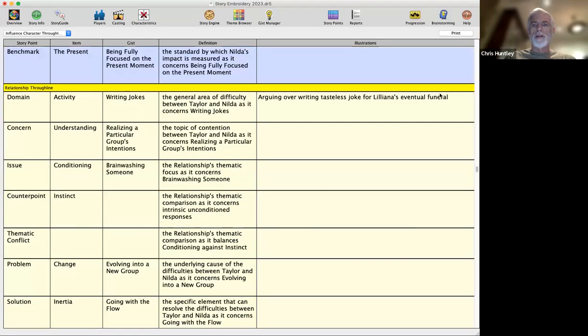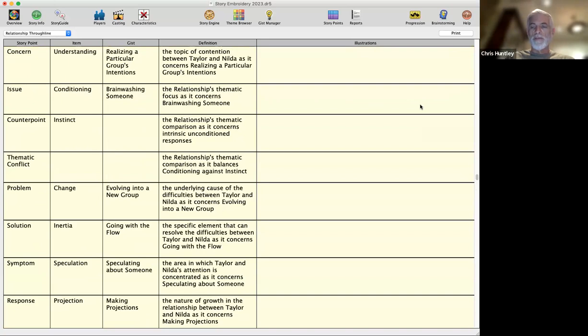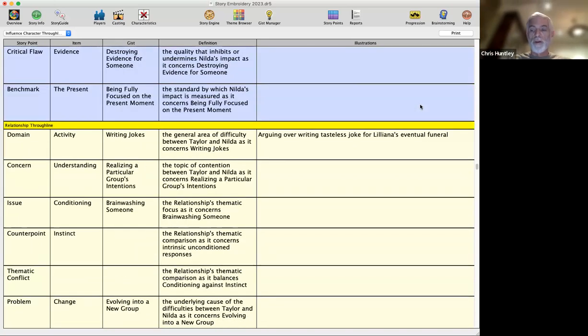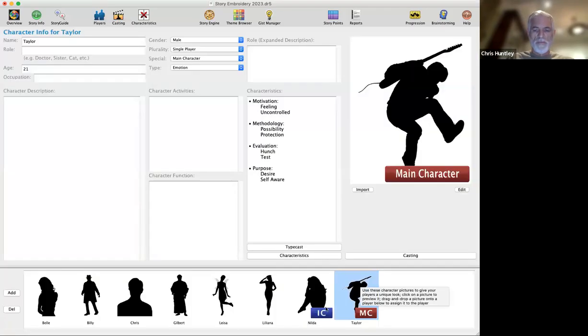He's definitely a writer because he's part of that group, and he wants to write tasteless jokes for Liliana's eventual funeral. Of course, Liliana's the one who's planning on giving one group a big wad of money, so you can see why perhaps Nilda is not really happy about that. Also, it's a grandmother.